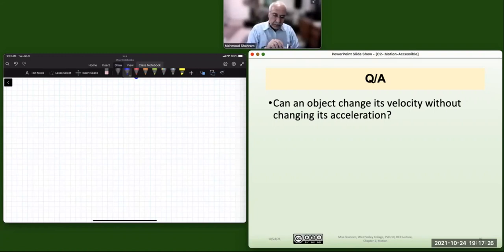The ball is going to go up, up, up. At one point, it is going to stop. So the velocity is going to reduce and stop at one point, and then it's going to come back down.